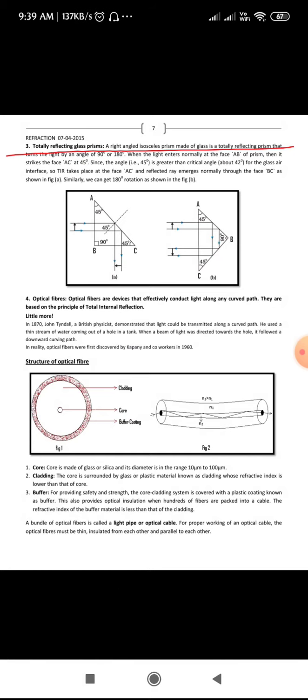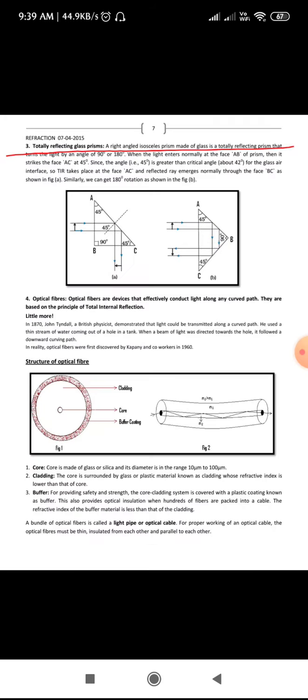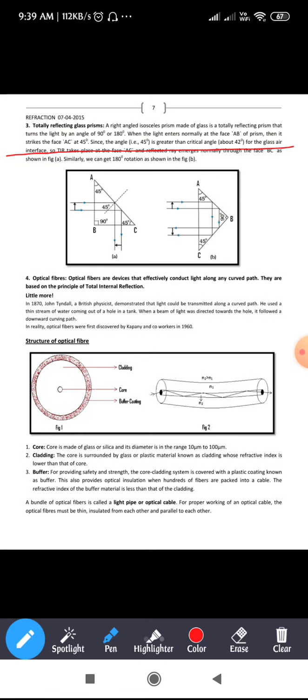So as you know, when the light enters inside the core, this line which you are seeing is the core-clad interface. At this interface, it undergoes total internal reflection.